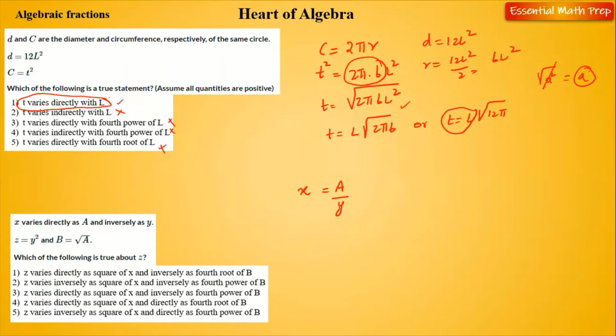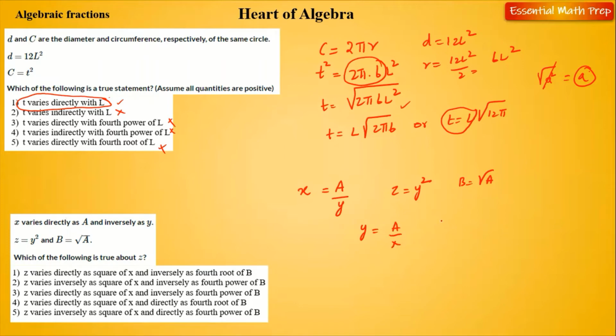Okay, so what are the two other terms we have? We have Z equals Y squared and B equals root A, right? So let's actually substitute, Y equals A over X, right? Why? Because Z equals Y squared, right?